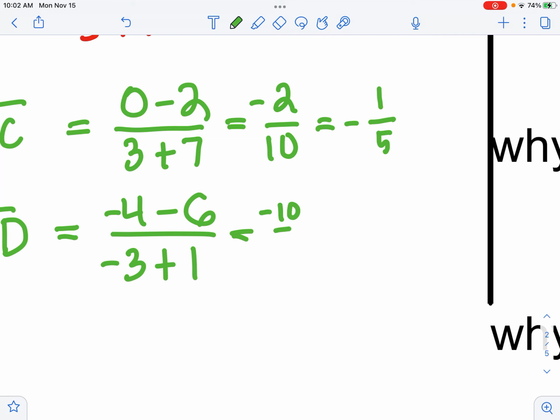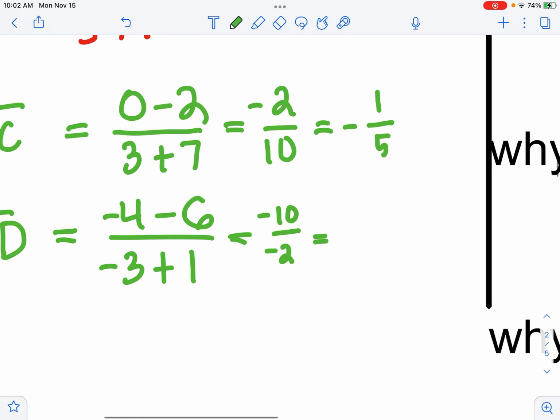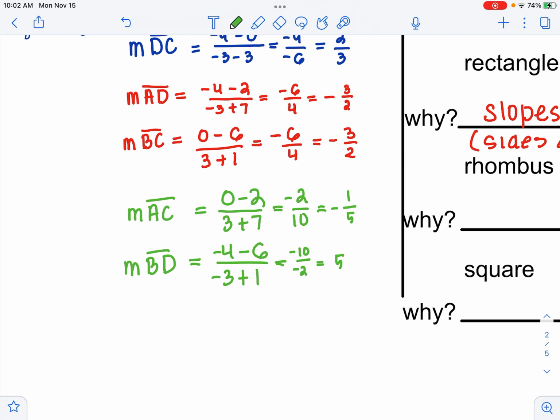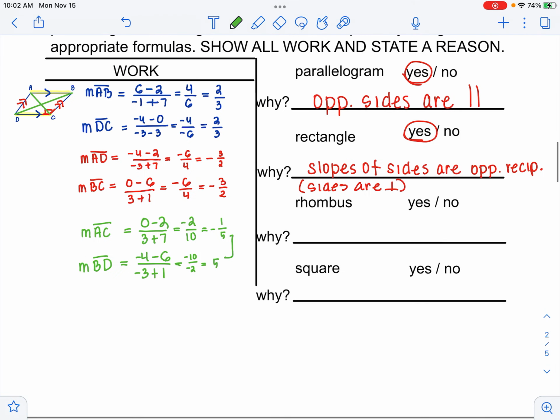Let's see what we get here. I got -10 over -2. Negative divided by a negative is a positive. 10 divided by 2 is 5. So if you look, these are opposite reciprocals, just like these were opposite reciprocals. So yes, this is a rhombus, and I'm going to say my reason why. I can say diagonals have slopes that are opposite reciprocals, or a little bit quicker, I can say the diagonals are perpendicular.